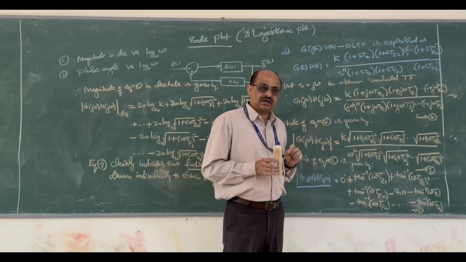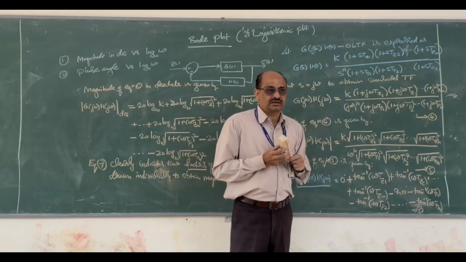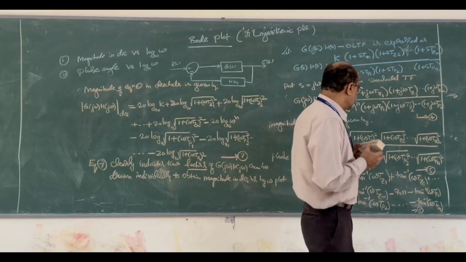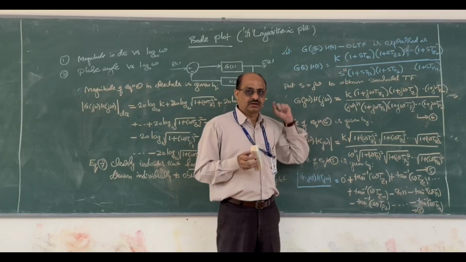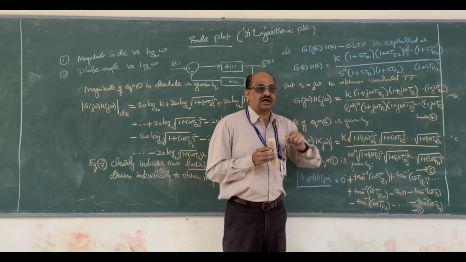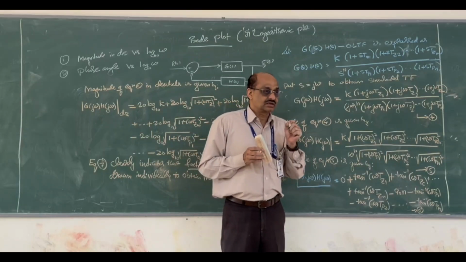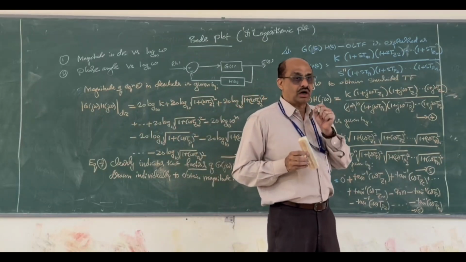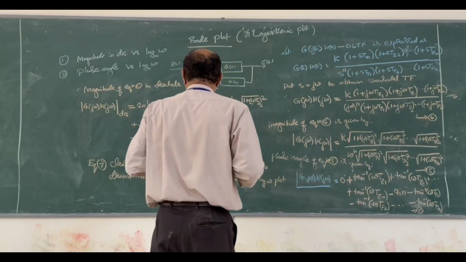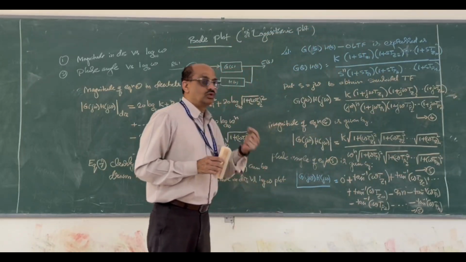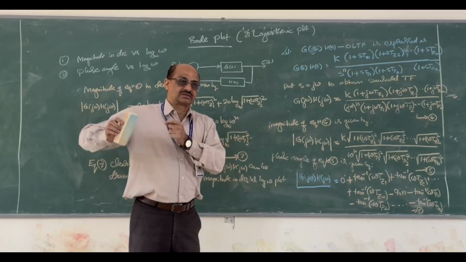If a pole is there, it is called an integral factor. If a zero is there, it is called a derivative factor. Then a first order zero or pole can be there. Next, a quadratic form of pole or zero. It is now important to see how to sketch the individual factors against log omega.